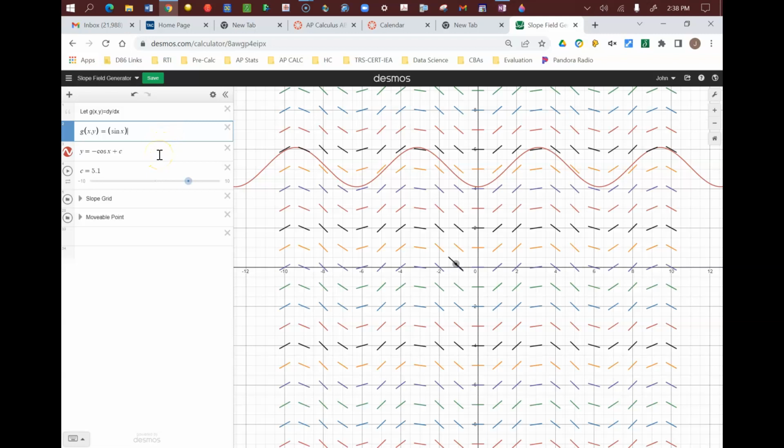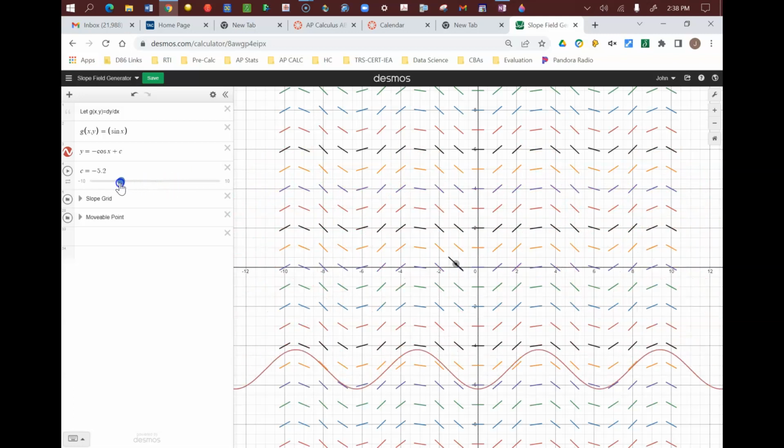And the solution shown in red is negative cosine x plus c. And you can tell that when I move the function negative cosine x plus c up and down, it's always going to fit the pattern for the slope field. So that's why we have to have c in there.